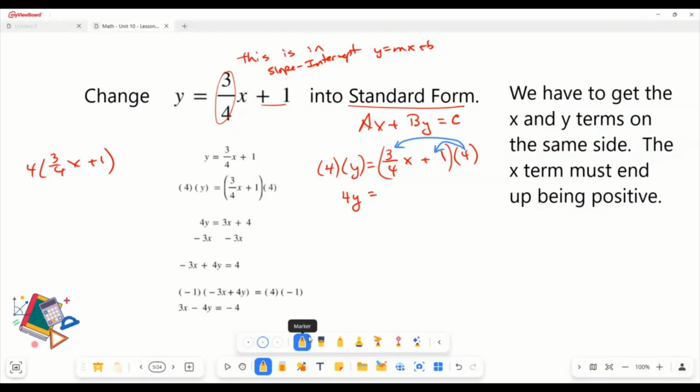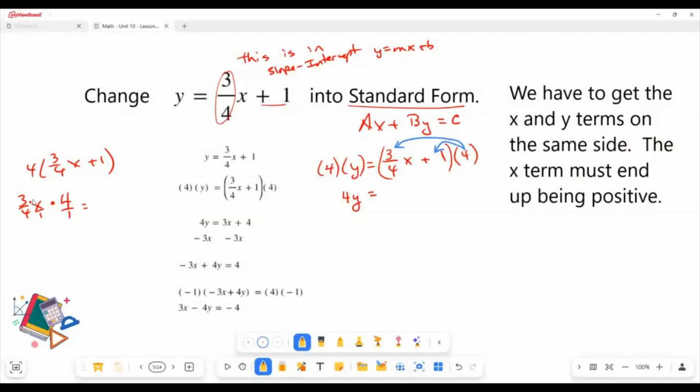We just move it to the other side. So when I take 4 and multiply it by 3/4 x, the 4 is over 1. This 3/4 written next to the x means that we're multiplying that by x. So that x is also over 1, and there's multiplication there.